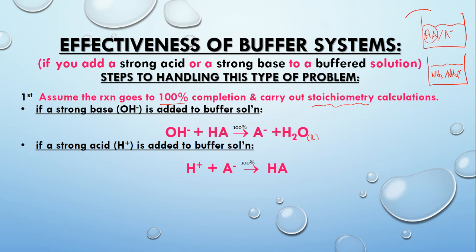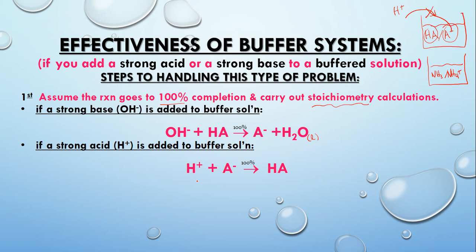So as you add the hydrogen ions to the buffer system, the hydrogen ion would get attacked by the buffering component that is its opposite. In this case, it would get attacked by the base, A minus. So the A minus will jump in and snuff all of the hydrogen ions out and consume them completely.